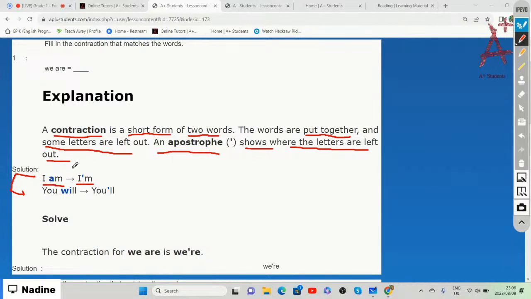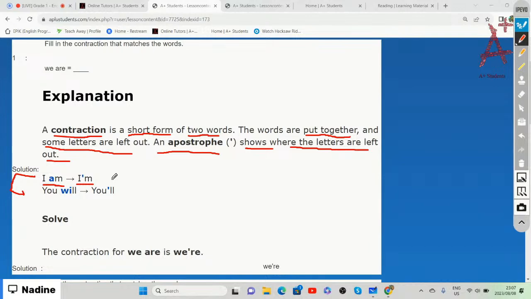I am is two words, and I'm is the short form of the two words, which is I'm instead of I am. So I am also stands for I'm. So we just say I apostrophe M, and that means I am.